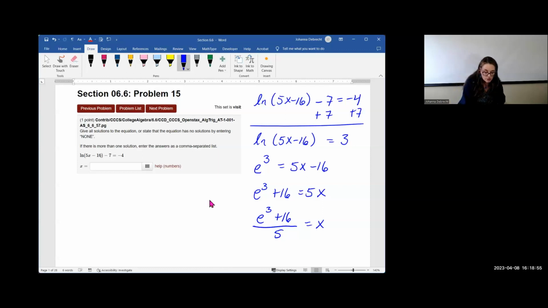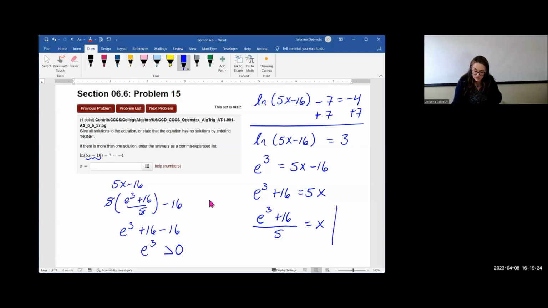So we check the original answer part, which was 5x minus 16, and we plug in this value. So I have 5 times e cubed plus 16 divided by 5, and then minus 16. The 5's will cancel, and I get e cubed plus 16 minus 16, which gives me e cubed, which is definitely a positive number. So this is the solution to my problem.